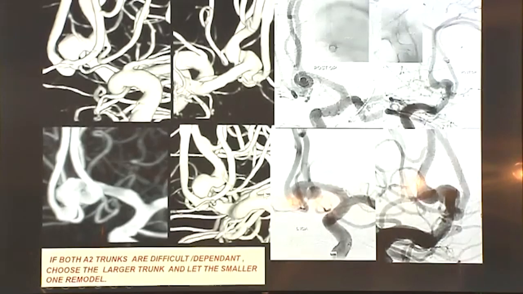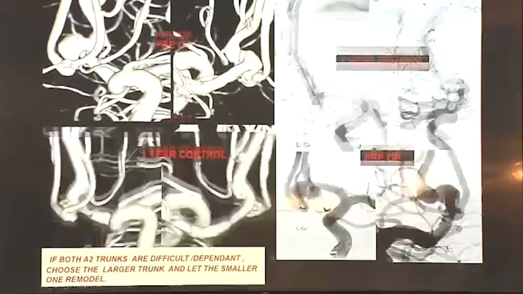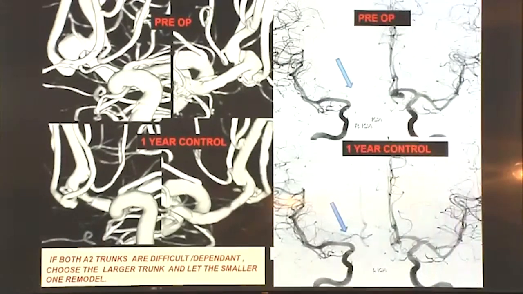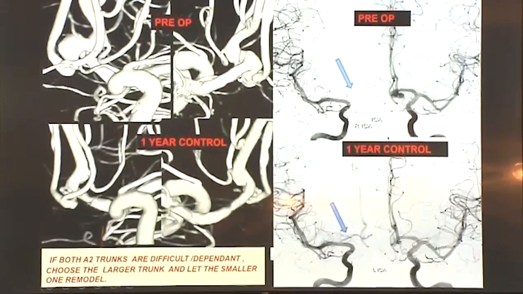This is the post-operative angiography showing the placement of the device from left A2 to left A1. And this is the 1 year control. So the anatomy is remodeled, the sac is gone. And the right A1, which was not filling before, started to fill, because of the flow demand.